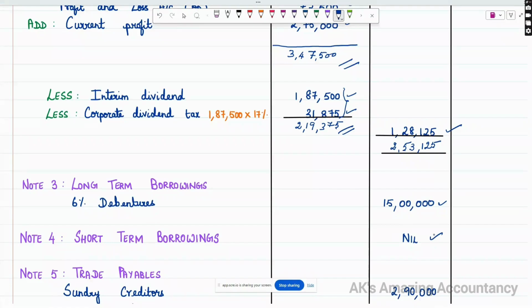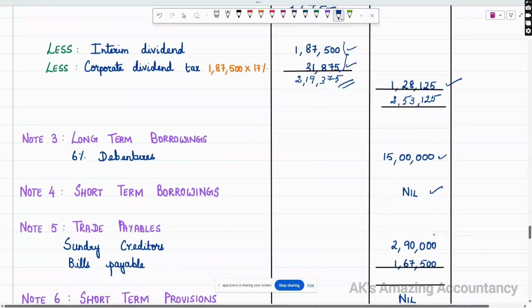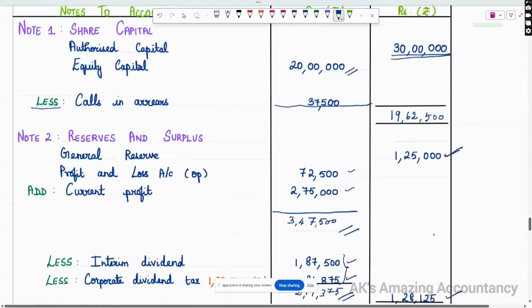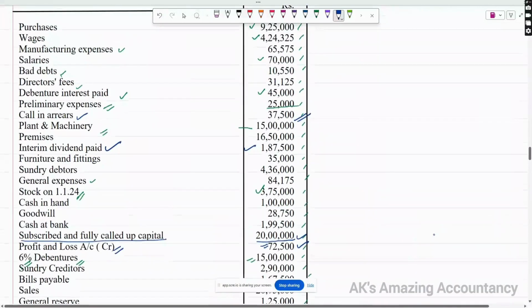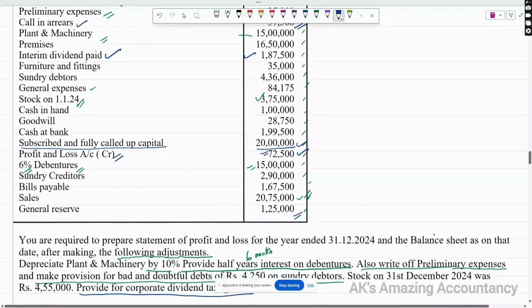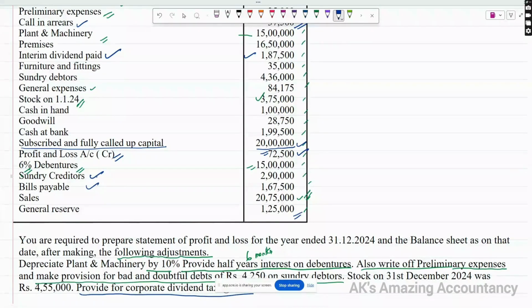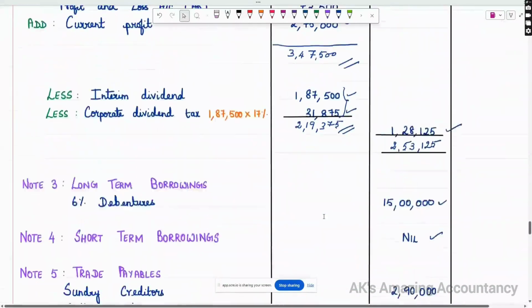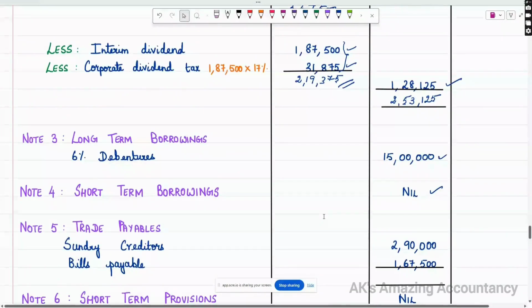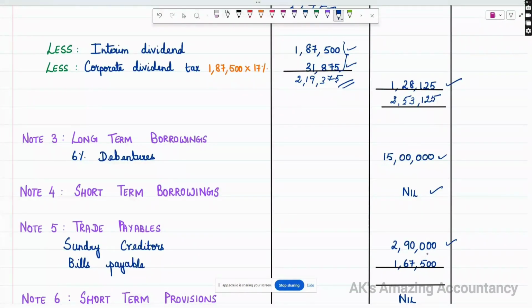Always under trade payables we'll be having trade creditors or sundry creditors and bills payable. So we have both these items available in the problem. You can have a quick look at the problem again. You'll be having trade creditors and bills payable, which you're given as sundry creditors. These are the two items: sundry creditors and bills payable. So these two items will come under Note 5, that is trade payables. 2,90,000 is sundry creditors, 1,67,500 is for bills payable.